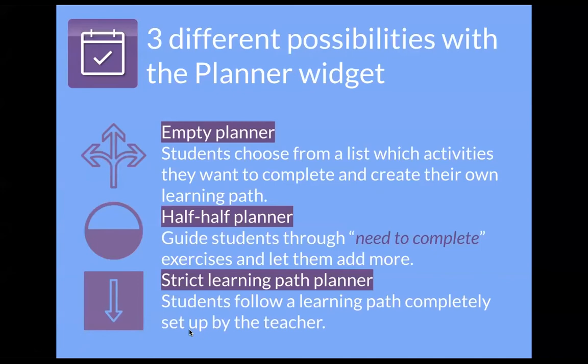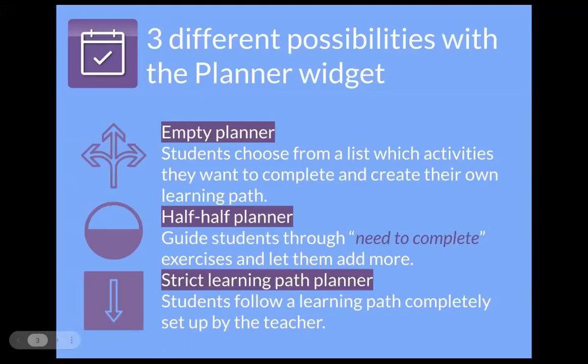And a choice board is where I have things that the students need to complete, but then I also let them choose or add whatever it is they want to complete. And then for some of us, our students might need, or we might want to have what is called a strict learning path planner. And that is where the students follow a path or a plan that we have outlined for them. And that is set up by us, the teacher.